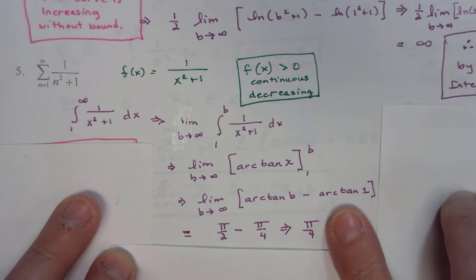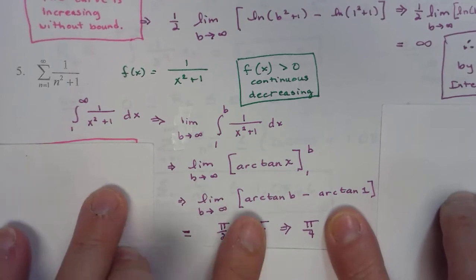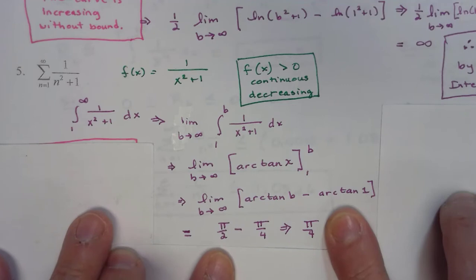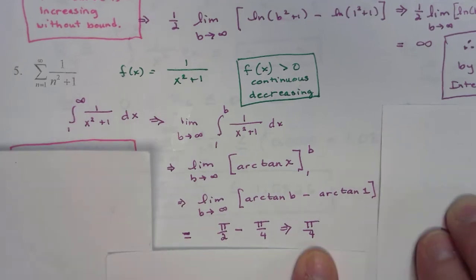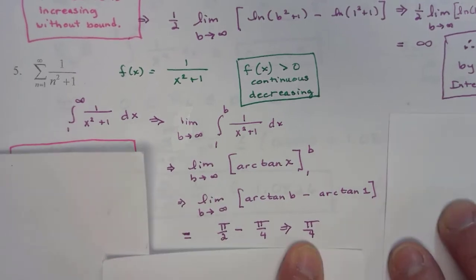We know arctan 1 is pi over 4. As b goes to infinity, arctan b goes to pi over 2. Again, when do my values of tangent approach infinite values? When our angle is pi over 2. So I have pi over 2 minus pi over 4, which is pi over 4. That is a finite value.